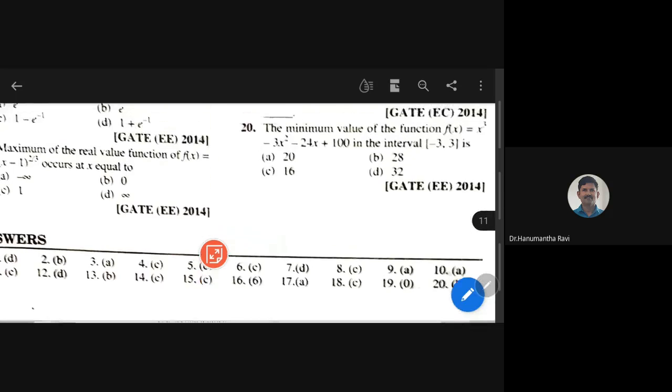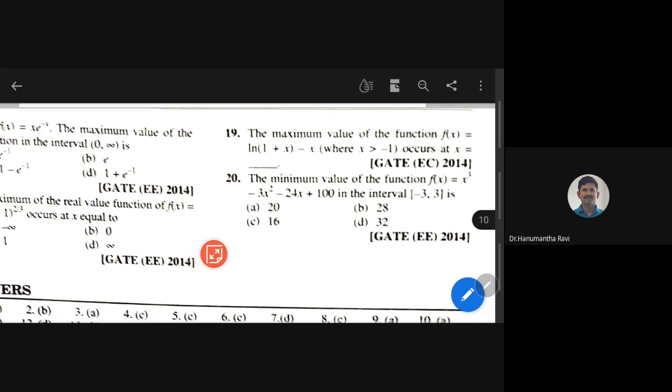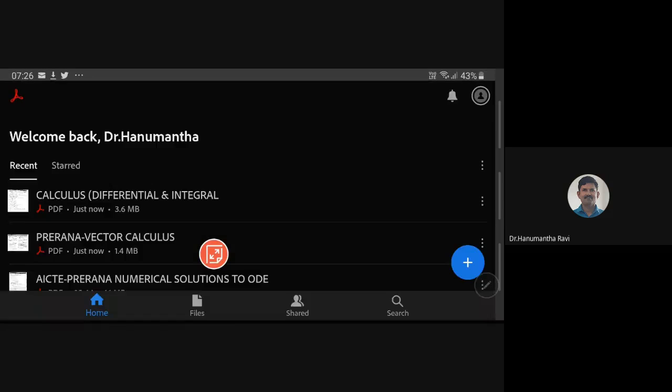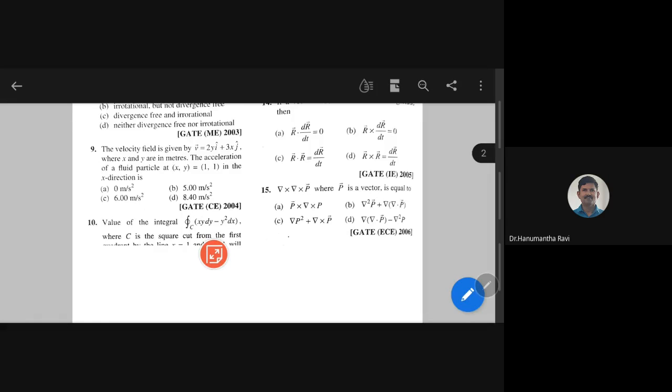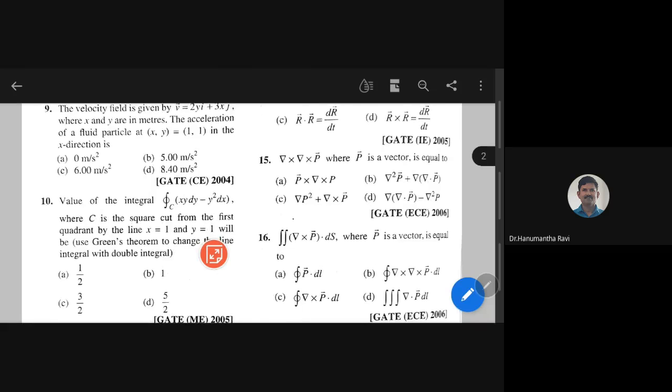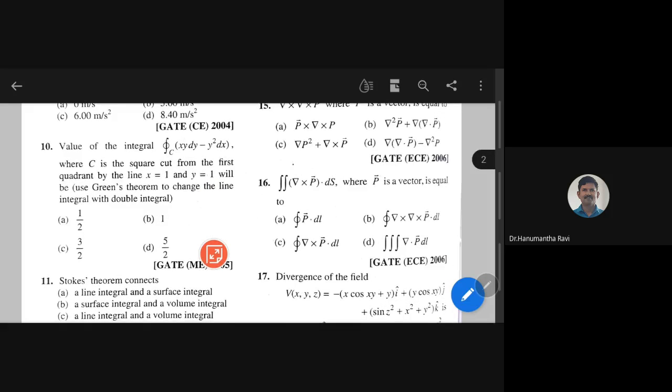I am looking for some problems on the divergence theorem, etc. Green's theorem we have done.